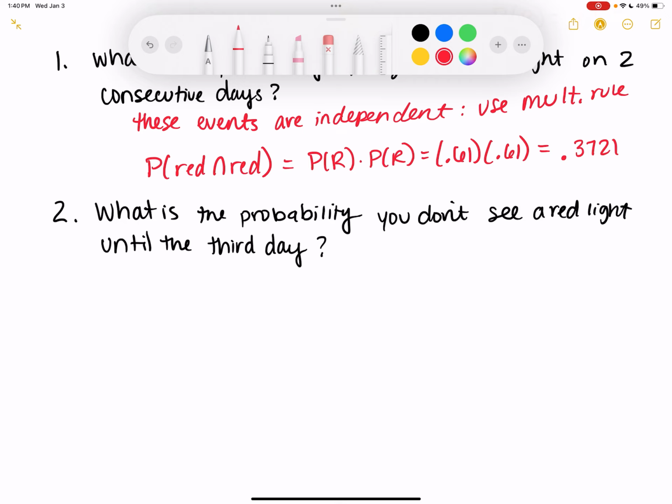All right. What is the probability you don't see a red light until the 3rd day? So this one is going to be, we need the probability of not red. So this is going to be 1 minus the probability of red, which is 1 minus 0.61, which is 0.39.